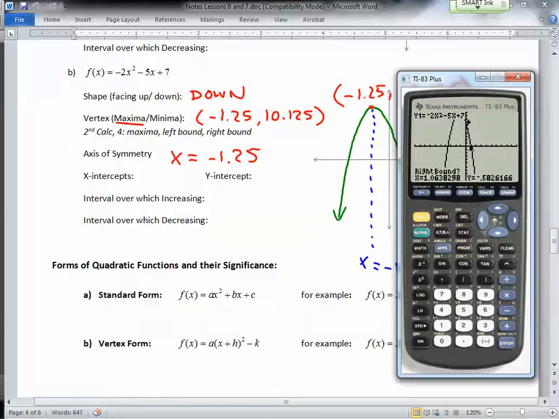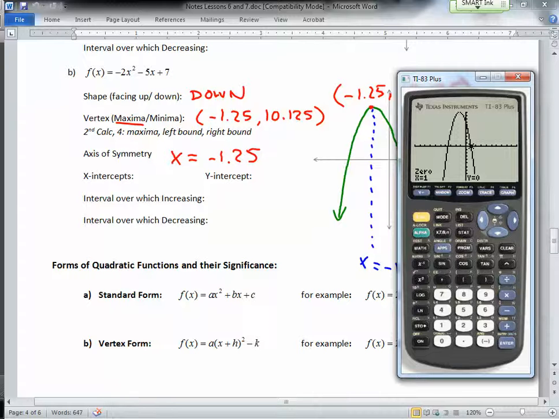Left bound, right bound, and my second 0 is at x equals positive 1. Does that make sense? You just have to repeat the process and do it separately. Cool. So I got my zeros on there, and before I write those up on the board, because it's going to mess up my calculator, let me go ahead and calculate the y-intercept.